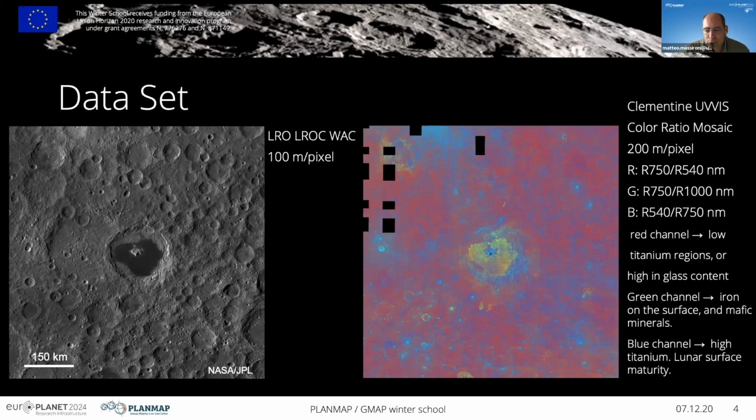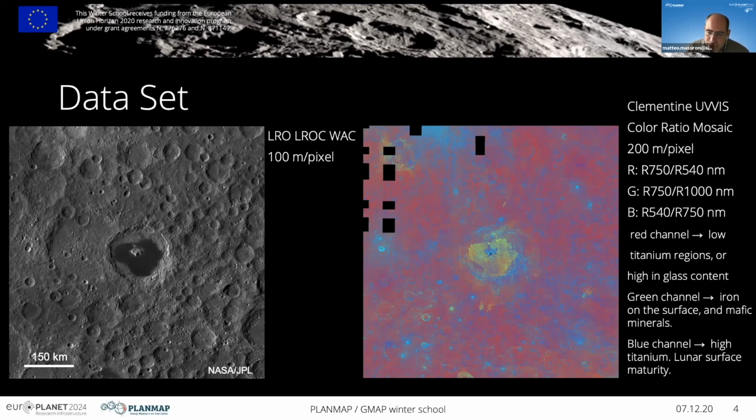Then we have the blue channel that tells us the titanium content. If we have high titanium, we have more blue material, or even if we have lunar surface maturity.